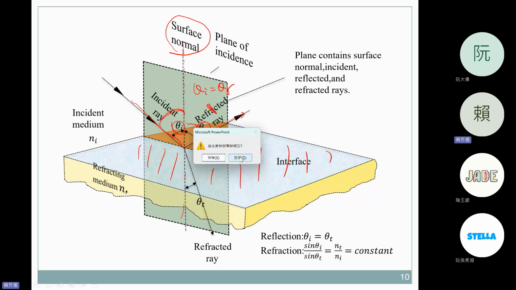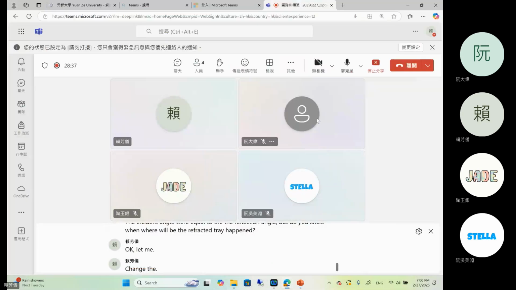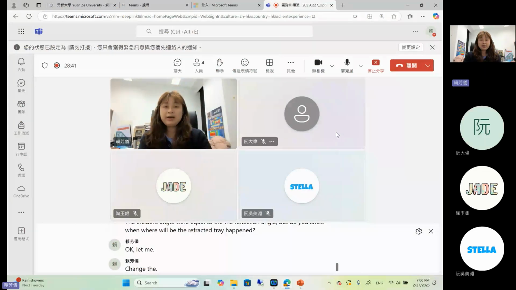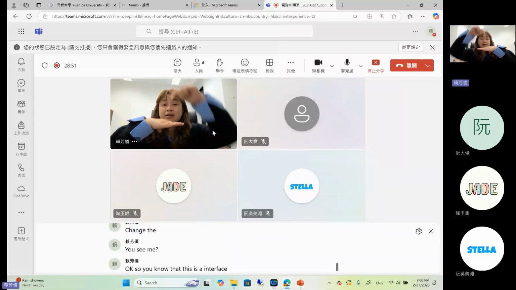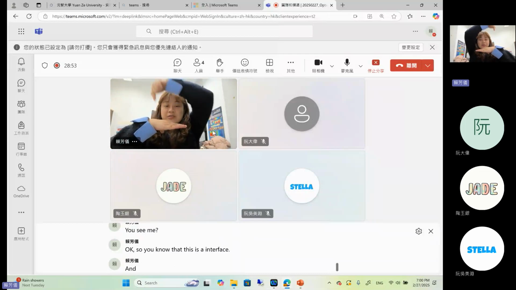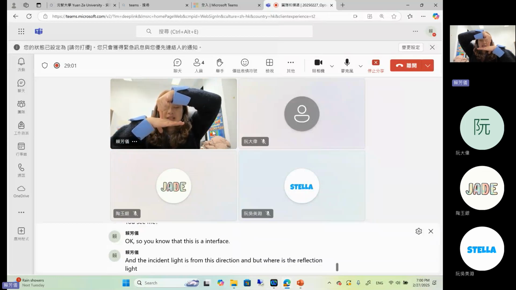Okay, let me change the display. Can you see me? Okay, so you know that this is an interface, and the incident light is from this direction, but where is the reflected light?